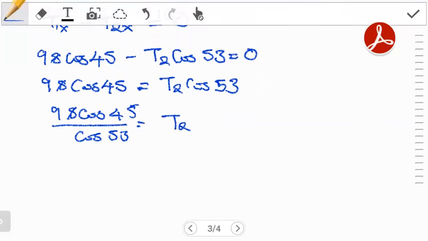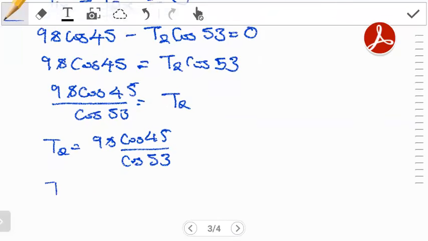So here we're saying T2 is equal to 98 cos 45 divided by cos 53. If you work this one out, you should get T2 as 115 newtons if you use three significant figures. Okay, so we found T2.